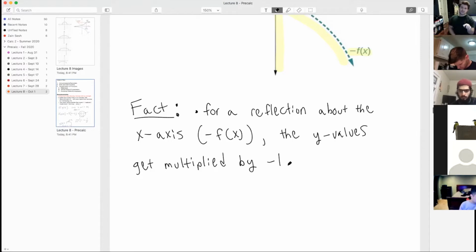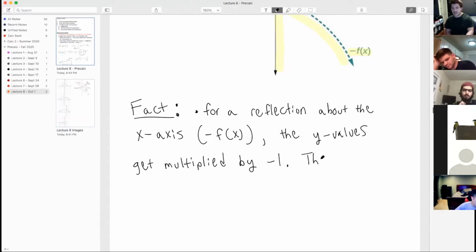That's the algebraic interpretation of a reflection. The y values get negated, or in other words, you multiply the y values, the outputs, by -1, and what happens to the inputs? The inputs stay exactly the same. So the x values stay the same.